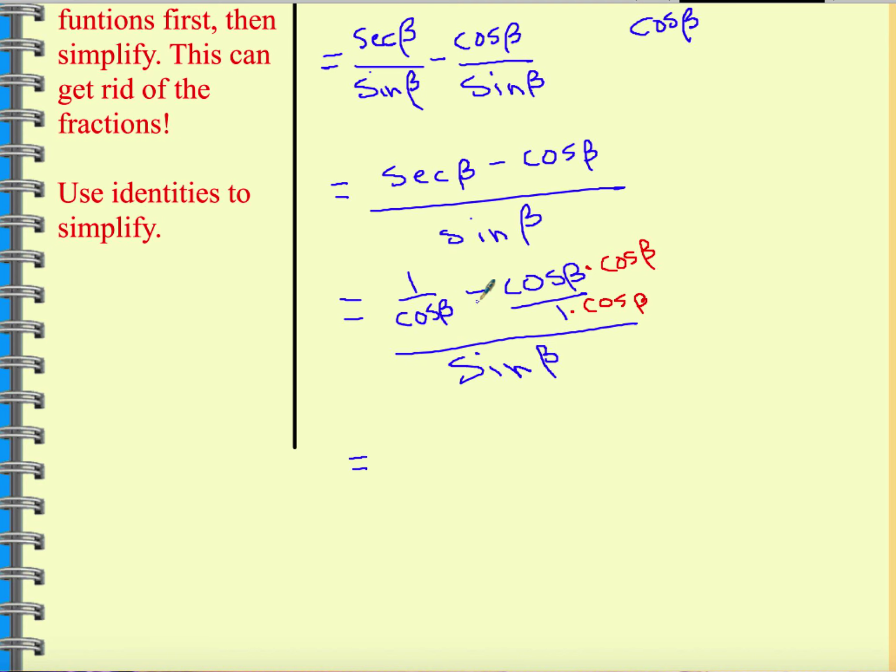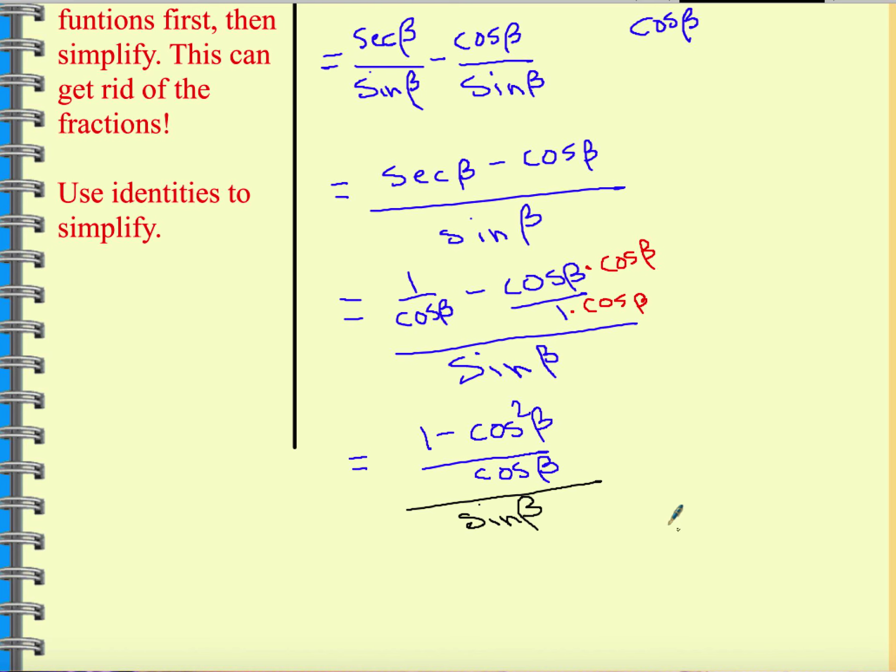In the numerator, I have two fractions that are being subtracted. 1 over cosine minus, this is now a cosine squared over cosine. So I'll have 1 minus cosine squared divided by cosine. And then don't forget the denominator, just been hanging around this whole time, is sine.